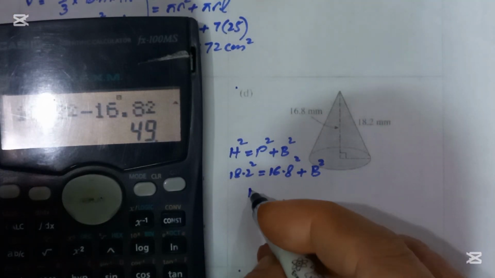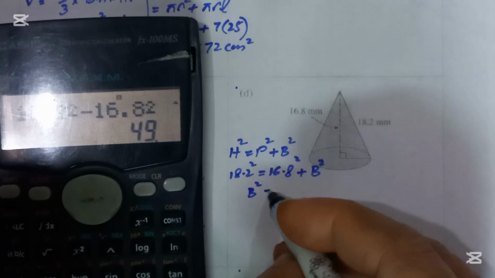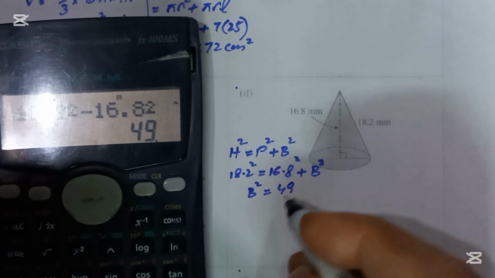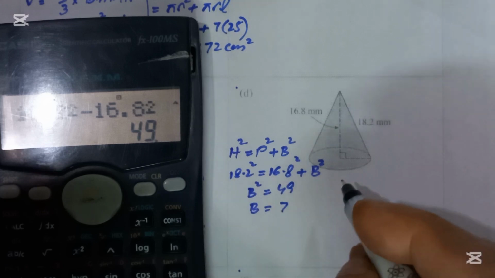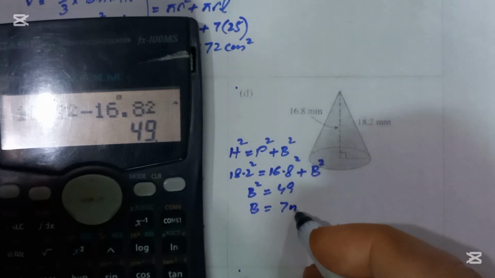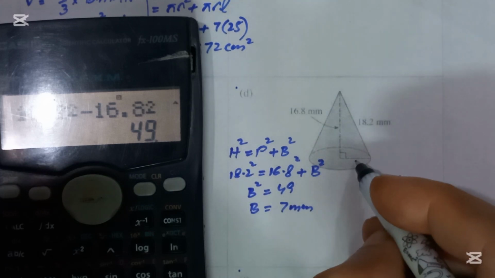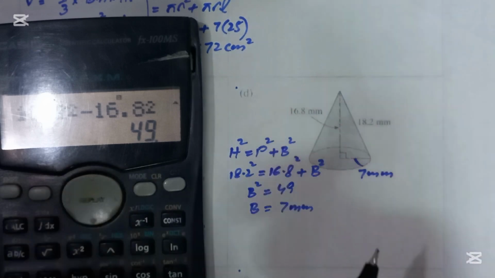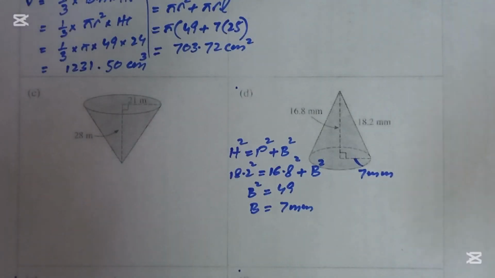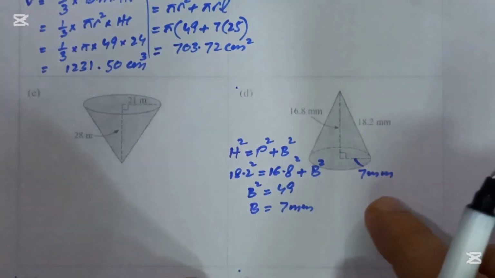So base square is 49, and then take the square root of both sides. That will be 7 millimeters. Okay, now the requirement is to find the volume and the surface area of this cone.